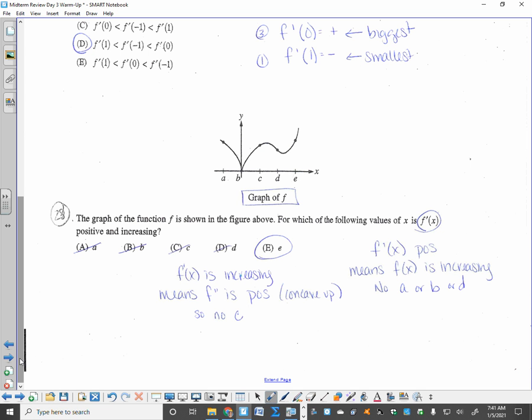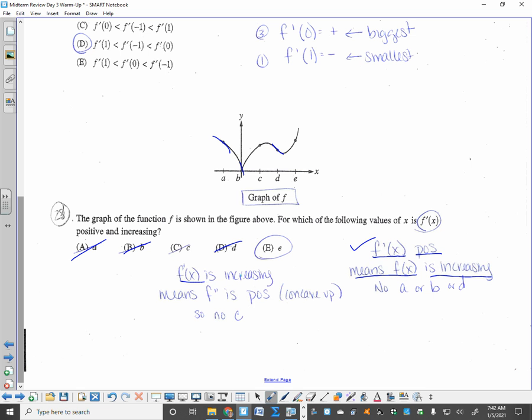You got to really think about it. If I want f prime to be positive, that means that f of x is increasing. So no, and no, and no. So A, B, and D are out. And so I got that all based on f prime being positive.